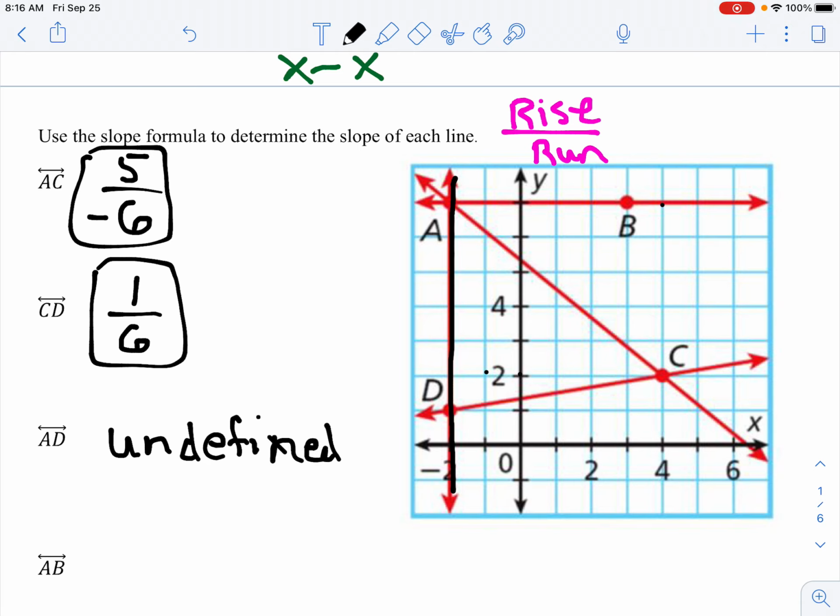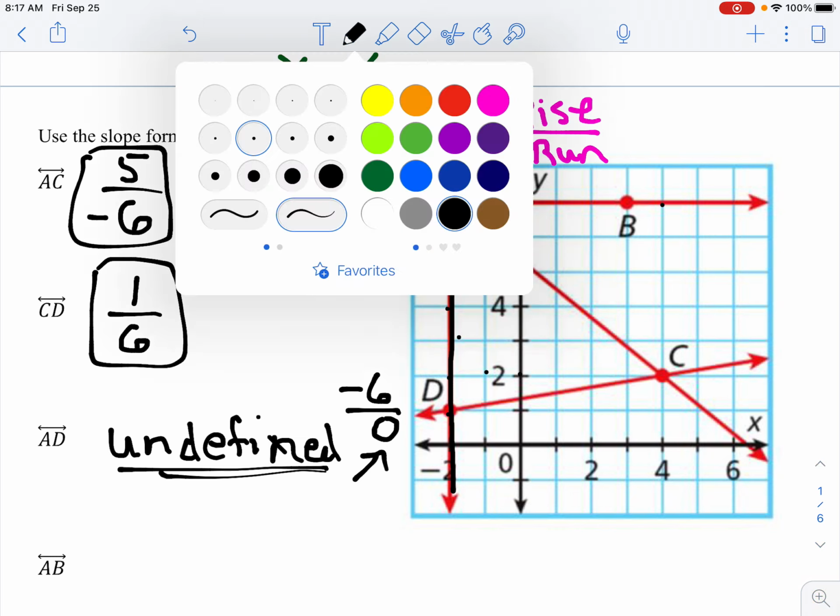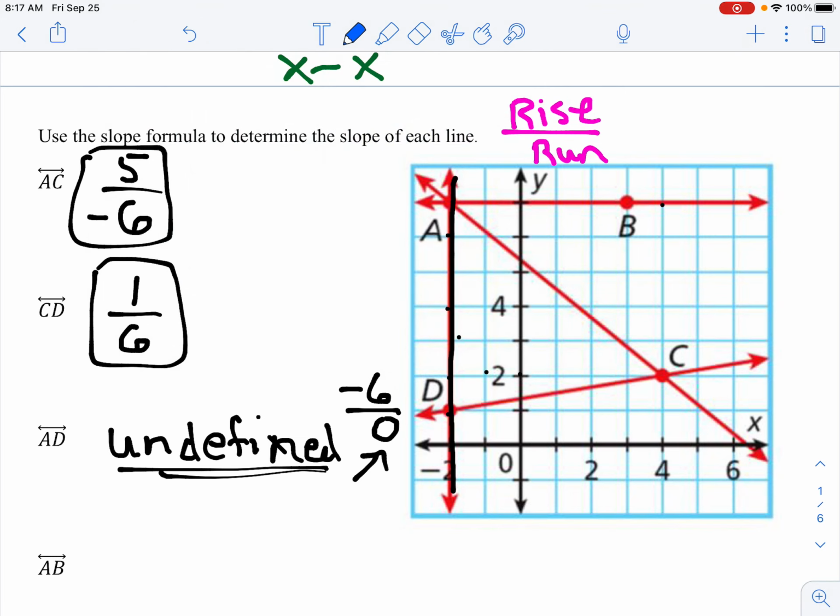If we were to count from A to D, we would go down 1, 2, 3, 4, 5, 6. We'd go down 6 and over 0. Anytime 0 is on the bottom, we call it undefined. All right, so if you can remember a vertical line is undefined, you could do it that way. If you did the slope, you ended up with a 0 on the bottom. We can never have 0 in the denominator, so it would become automatically undefined.